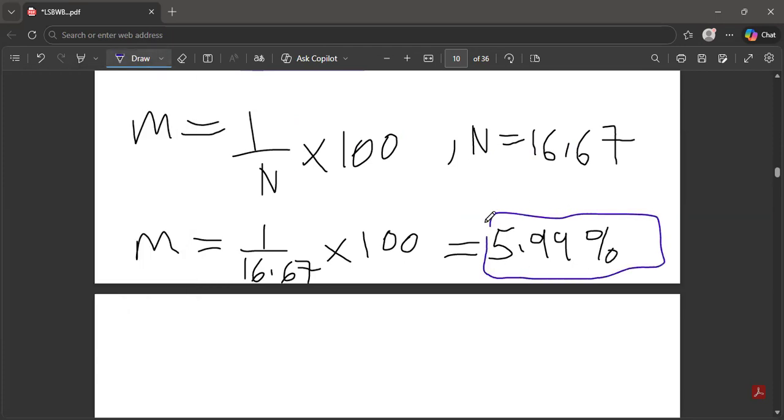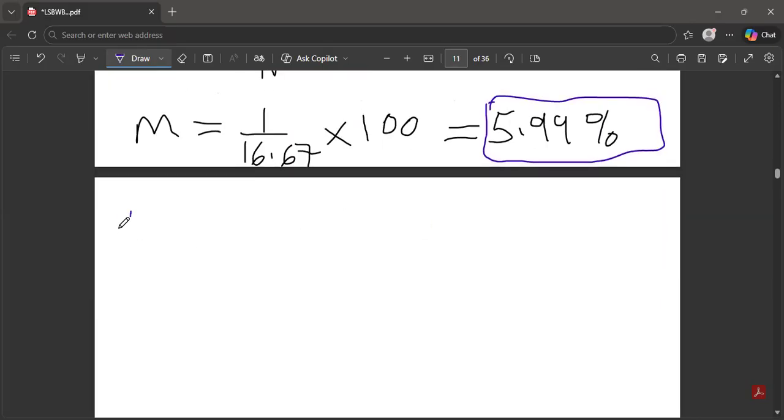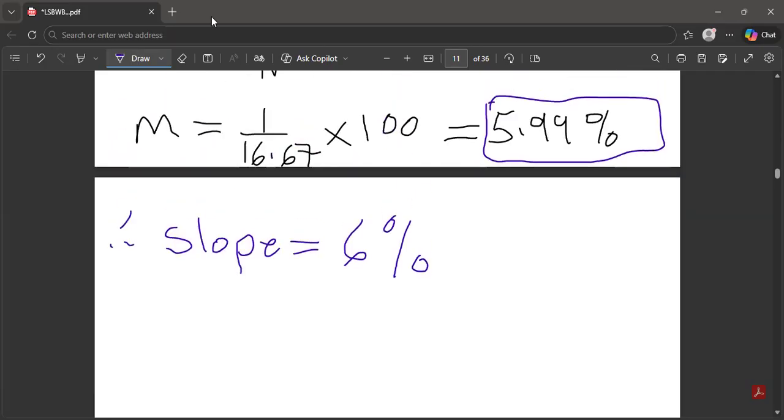I'll be doing the rounding elsewhere. So therefore, we're going to say that our slope is equal to 6%.